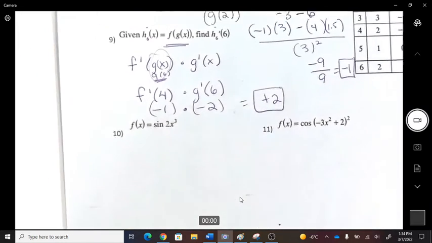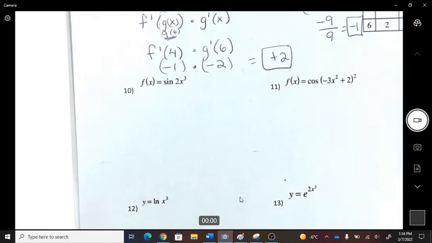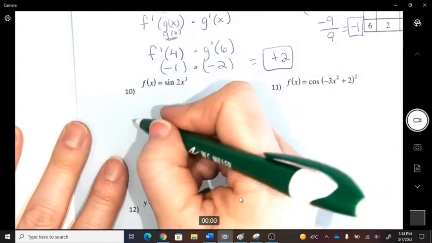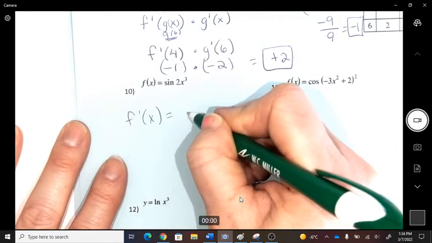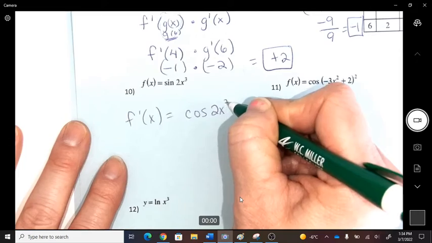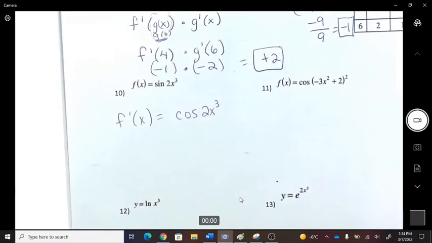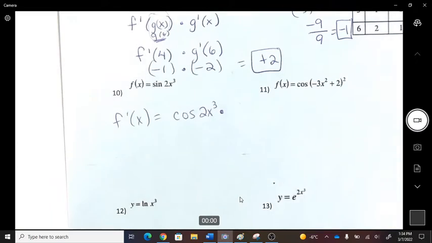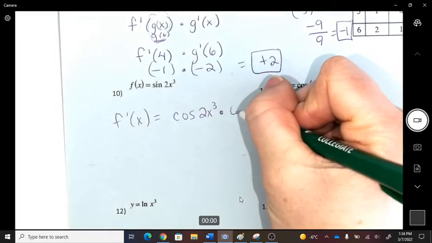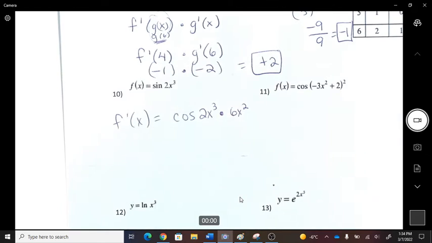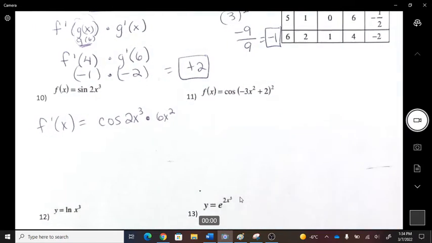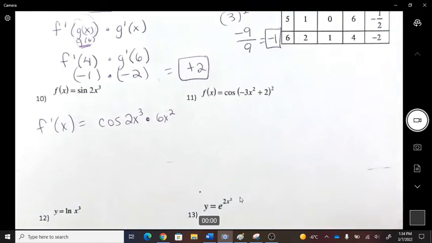Okay, number 10. Now we're into trigs. So what's the derivative of the sine? So that's cos. Then you have to attach the derivative of that. So 6x squared. Okay, number 11, just be careful with understanding what the squared is on.